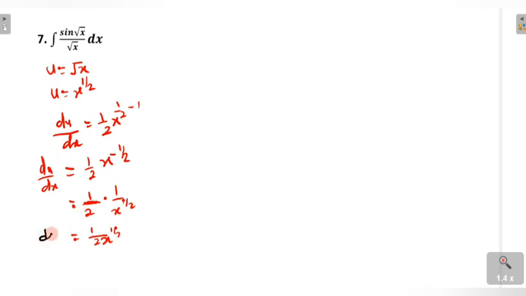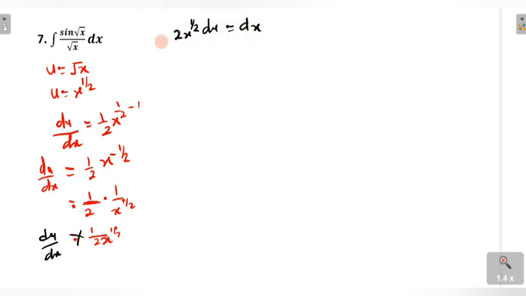So this is du over dx. We have to get the value of dx, so from here you can see dx in terms of du. If you cross multiply, you're going to have 2x raised to the power 1 over 2 du is equal to dx.